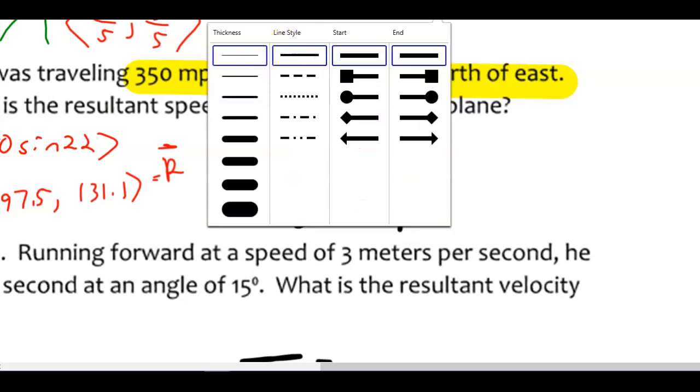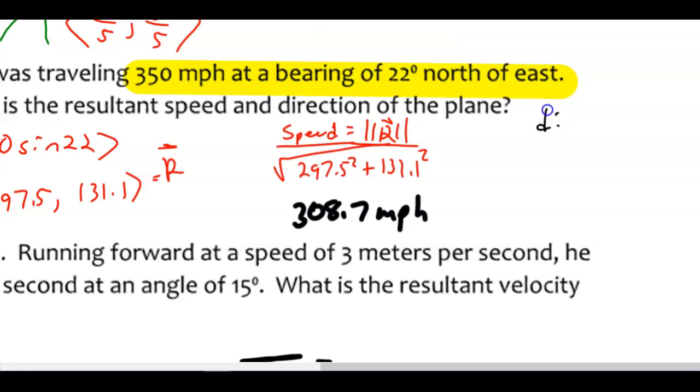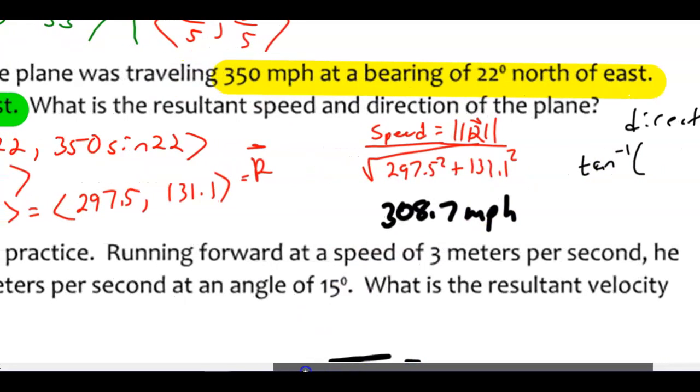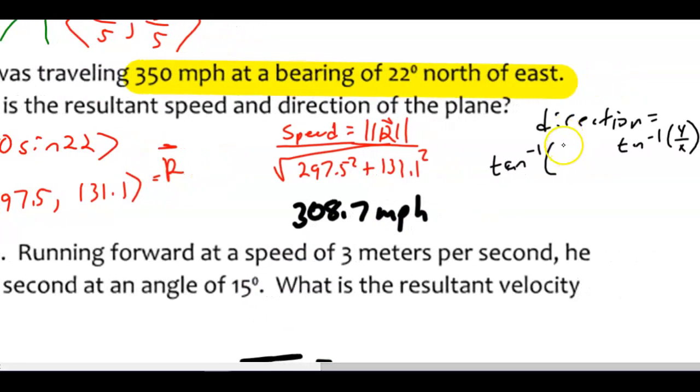And now we got to find our angle. To find our angle, because we need direction, direction equals tan inverse of y over x. So let's go back to our vector R, 131.1 divided by 297.5.